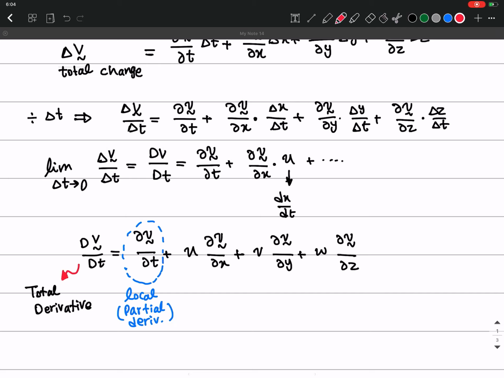And these terms are called the convective rate of change. And the reason is because they are actually the acceleration due to convection in space.